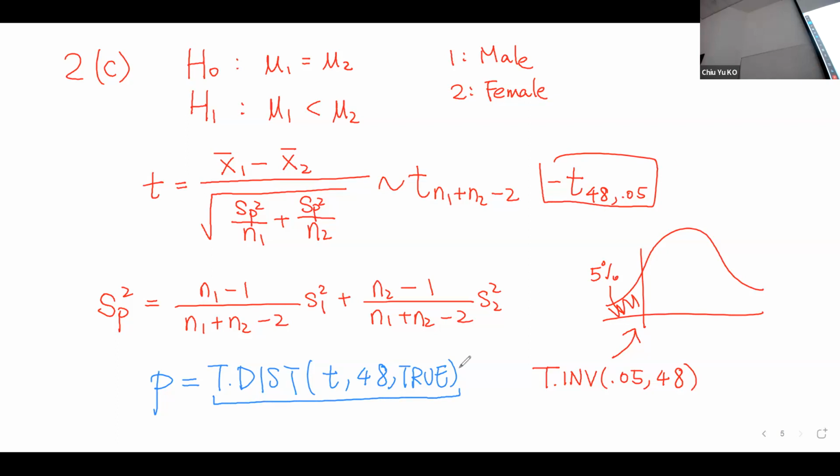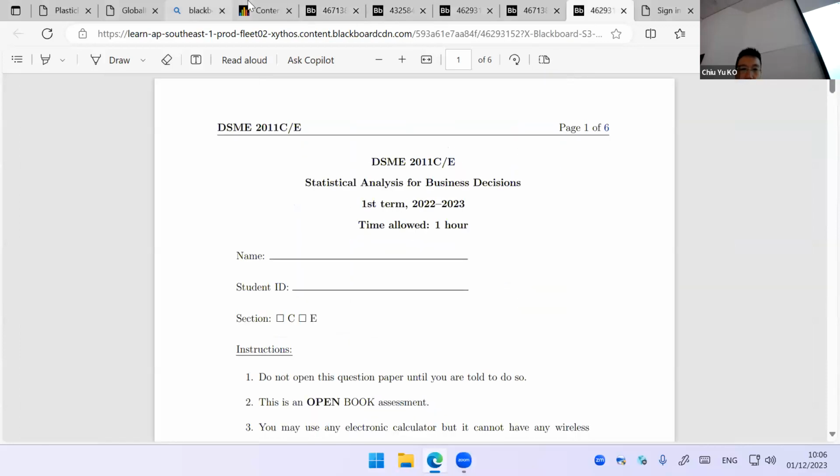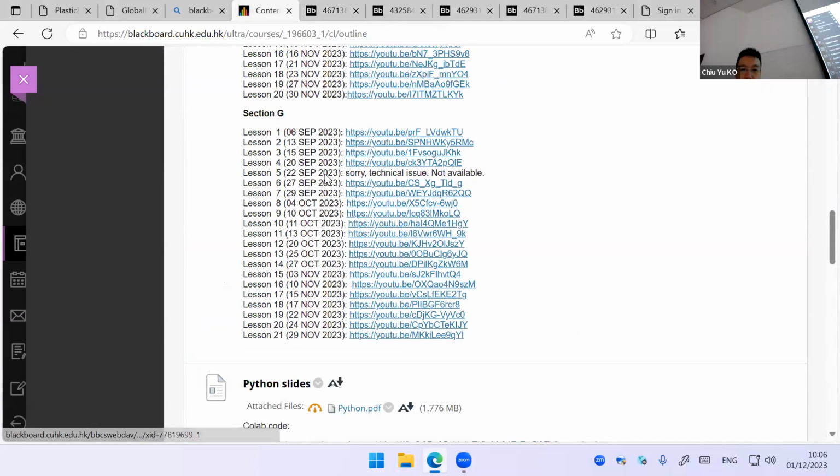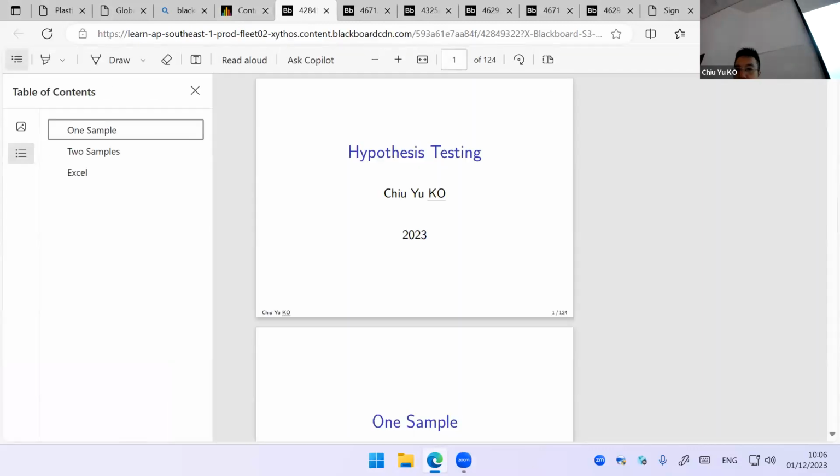So what you'll be doing is using the Excel function called t-test, right? What I'm expecting you to do is look at your slides.